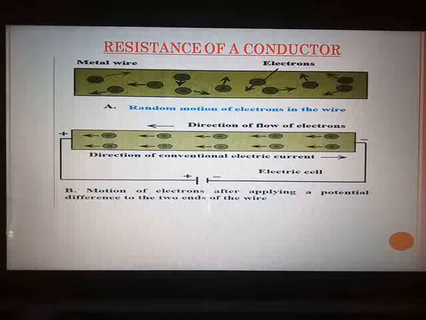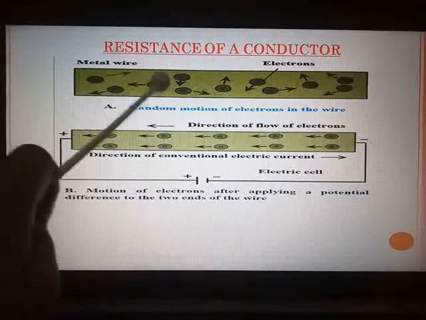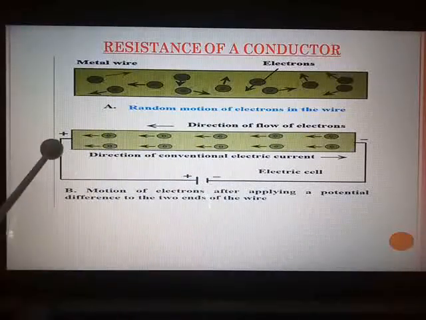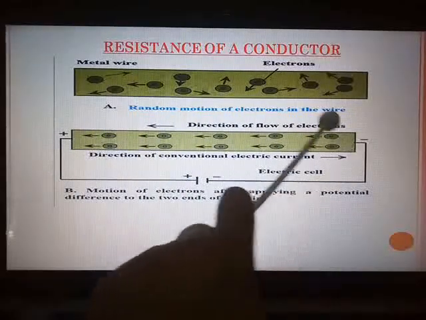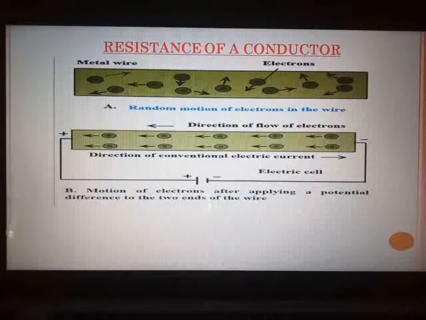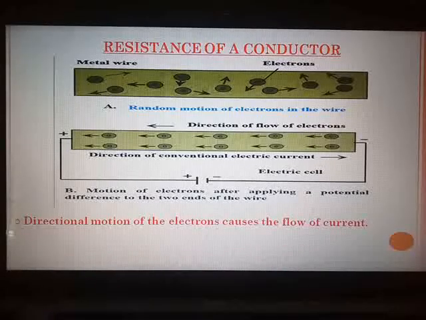When a potential difference is applied between the two ends of the conductor, the electrons, being negatively charged, start moving from the lower potential end to the higher potential end. This directional flow of electrons causes the flow of current. All these things we are just recollecting, which we have studied before.